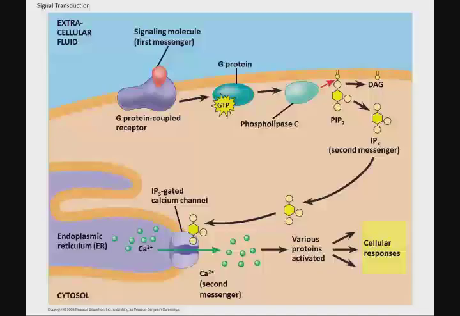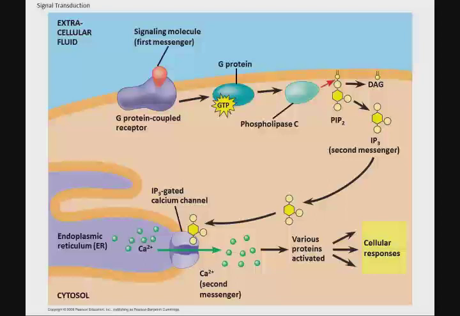So again, starting with our G protein coupled receptor, we can, in this case, initiate activation of phospholipase C. Now, phospholipase C is going to cleave PIP2 into DAG and IP3. IP3 then is released into the cytoplasm. As it increases in concentration, it's more likely then to engage a calcium-gated ion channel in the ER.